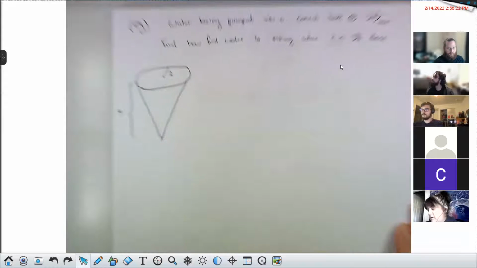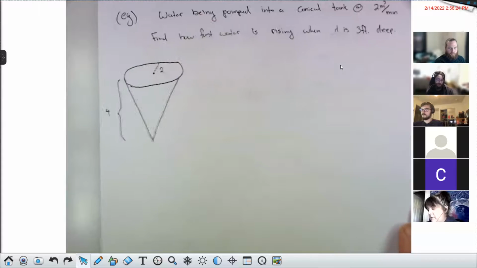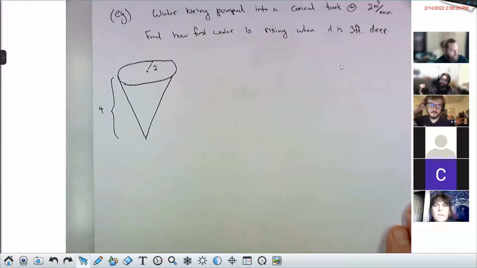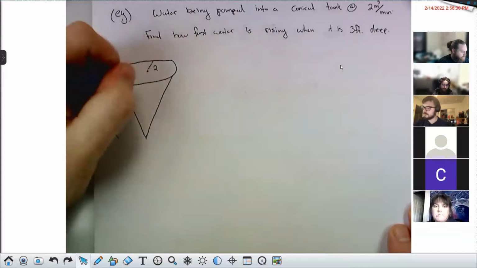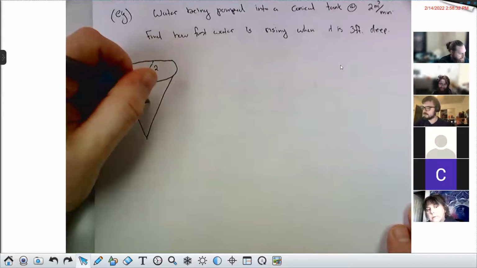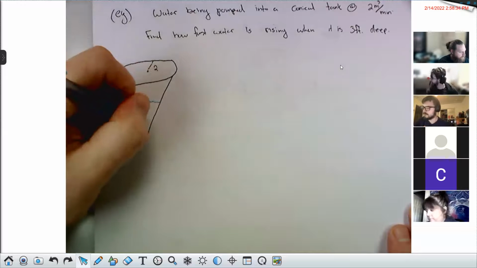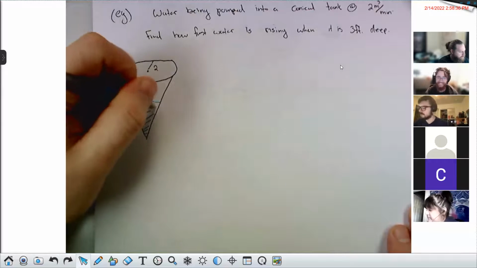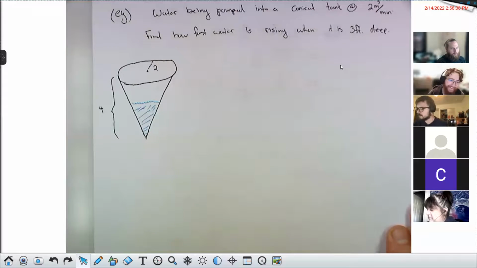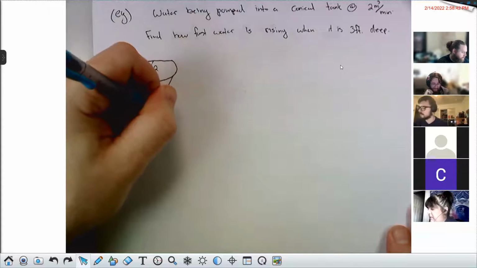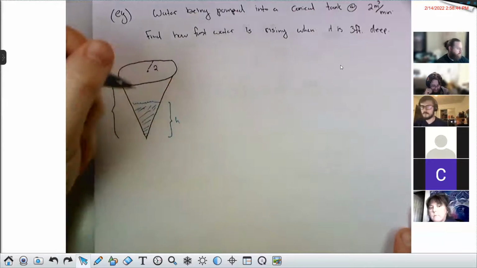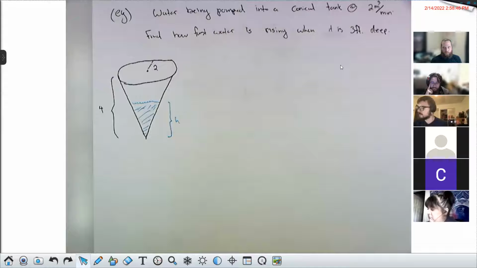And the idea is, of course, as we add water to this tank, it's all going to go to the bottom. So there's going to be a water level in here at any given moment as this is happening. In the textbook, they label this as H, but you could call it Y or Z or whatever you want.